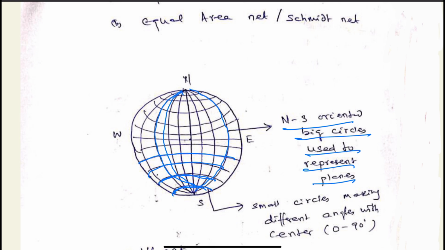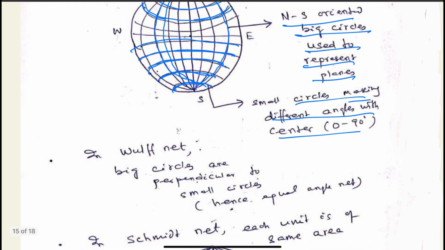They are represented as these small circles. So these small circles represent planes which do not pass through the center of the sphere. For different angles, we have drawn these.